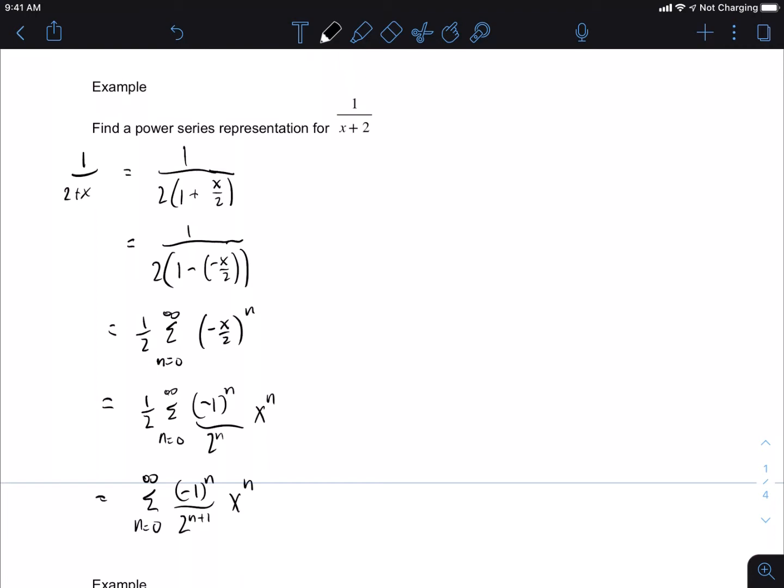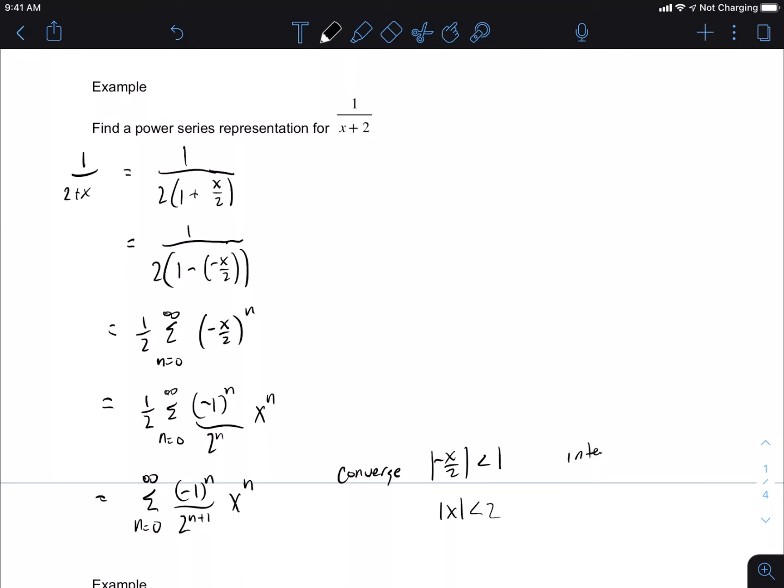Now what happens here is, again, this follows that format that we had, and since it follows that format, we know that this is going to converge when negative x over 2 is less than 1. Or we can say the absolute value of x is less than 2, right, by multiplying by the 2.